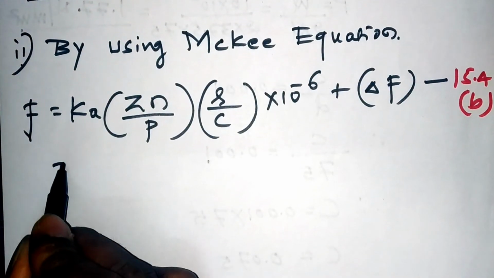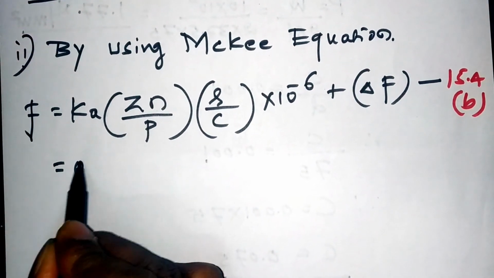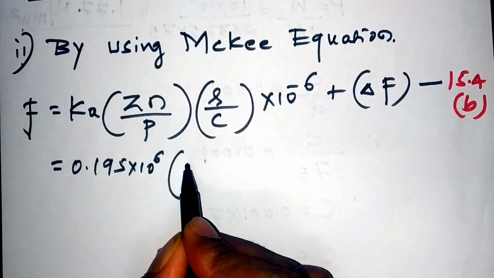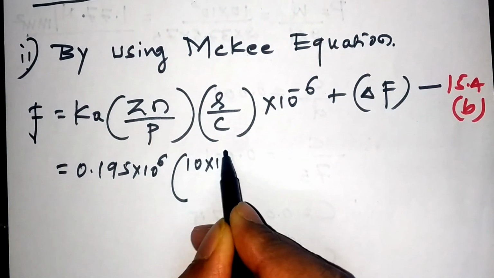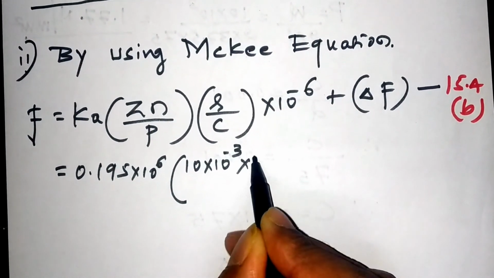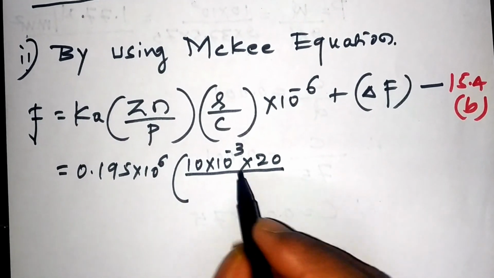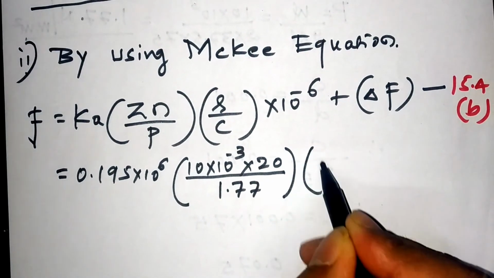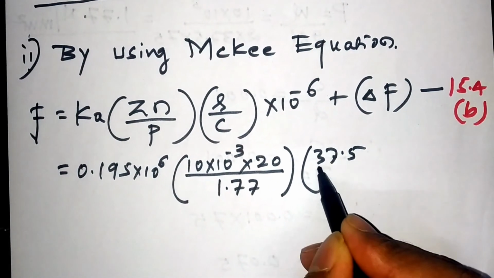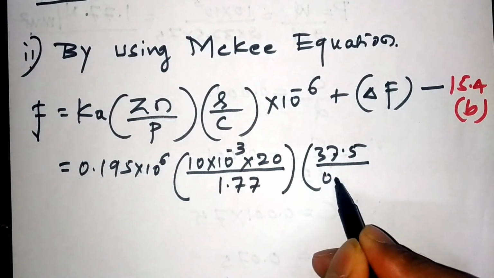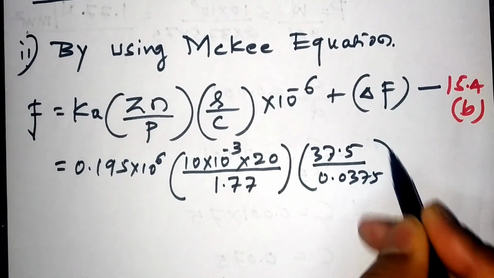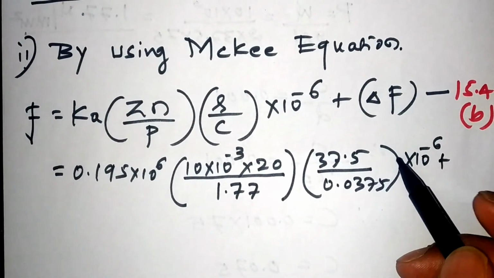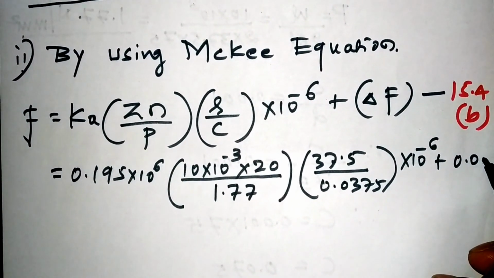The value of K that I got from the data handbook is 0.195 into 10 raised to 6. The value of Z in the given problem is 10 into 10 raised to minus 3. N is the RPS, divided by P, which remains the same, 1.77. R is 37.5 and C is already calculated as 0.0375 into 10 raised to minus 6, plus this delta F, which from the data handbook I got as 0.02.